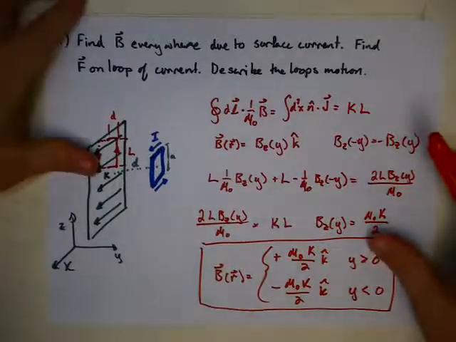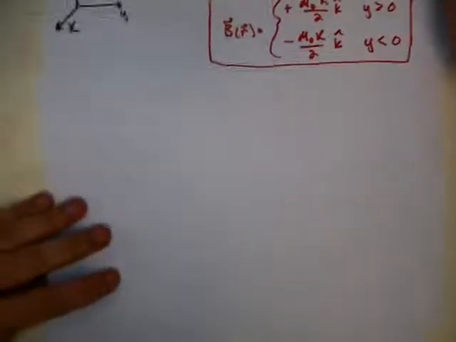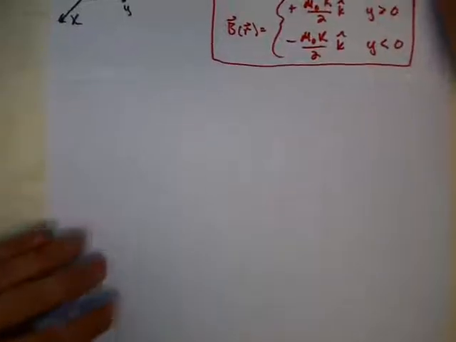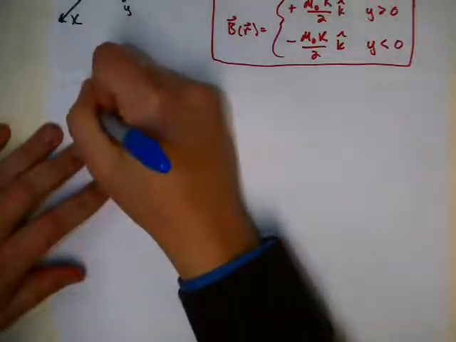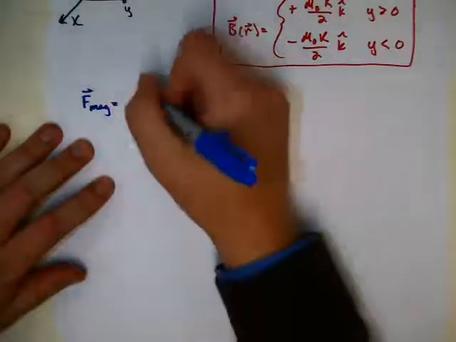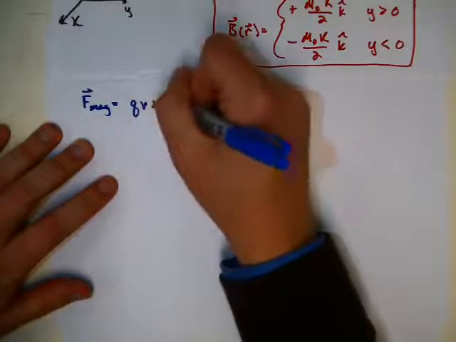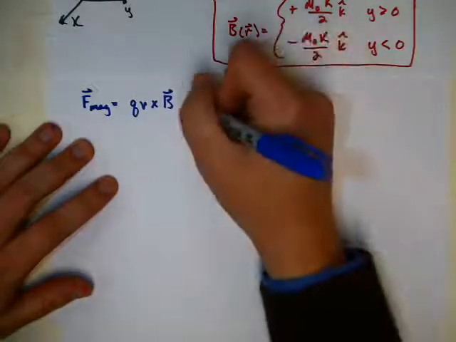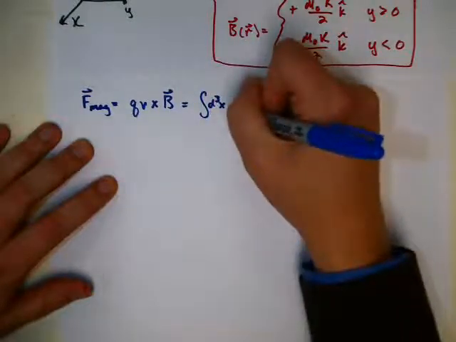The next step is to find the force on this loop. So the magnetic force is equal to this QV cross B. I'm going to replace this QV with an integral d3x of rho.